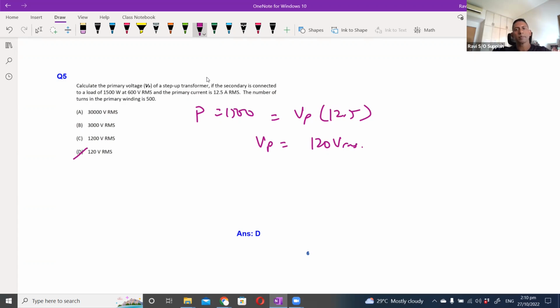It's the same approach as your earlier question. The key thing is that the transformer's power is equal on both sides. When we know that the output power is 1500, the input power is also 1500.